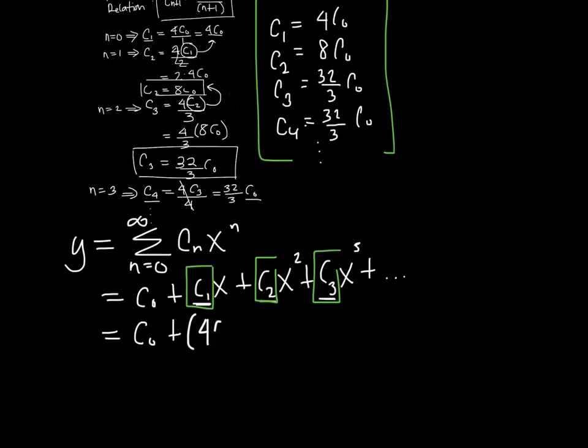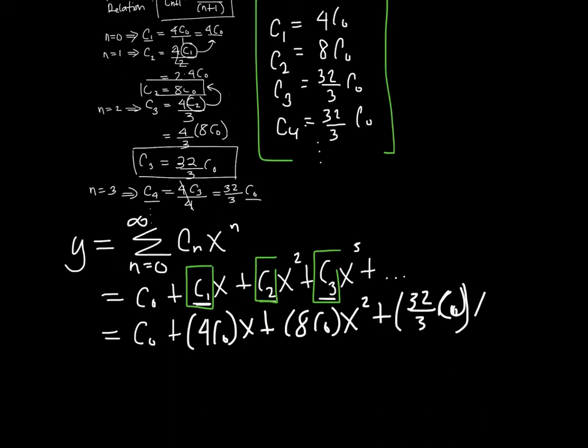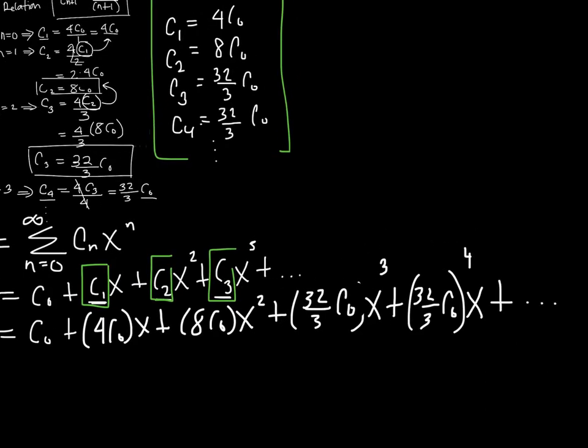So that's 4C0 x plus C2 is 8C0 x squared plus C3 is 32 thirds C0, that's a C0 parentheses x cubed, and I don't like how that looks. So let's see, C0 plus C4, which was 32 thirds, again, C0, all of that, x to the fourth power, and again, I can just write dot, dot, dot.